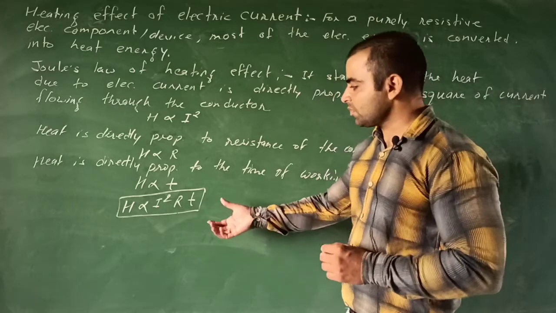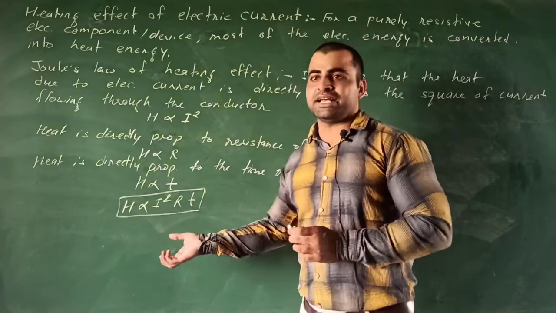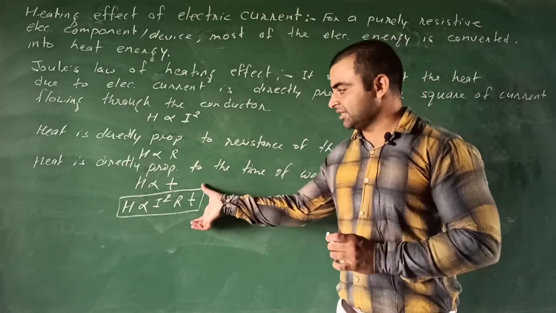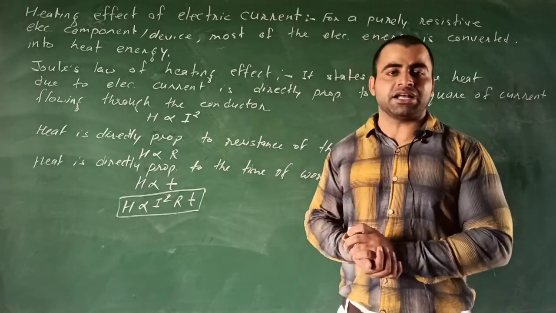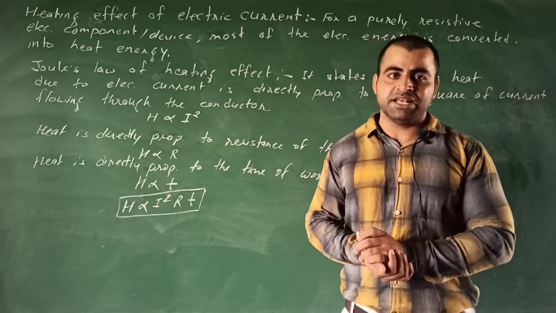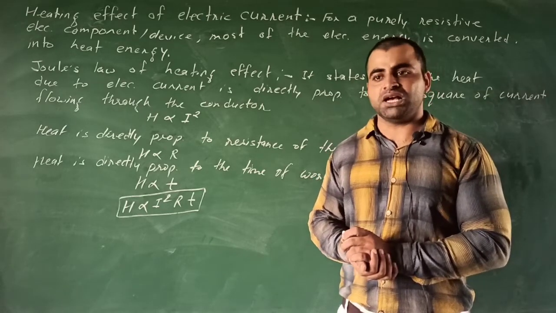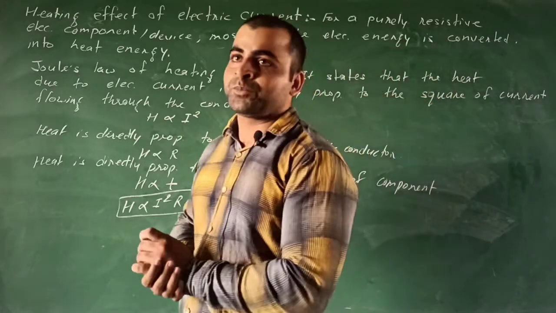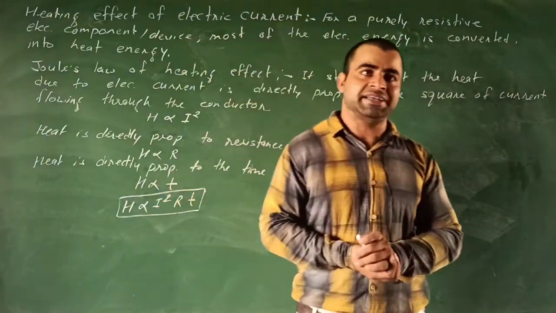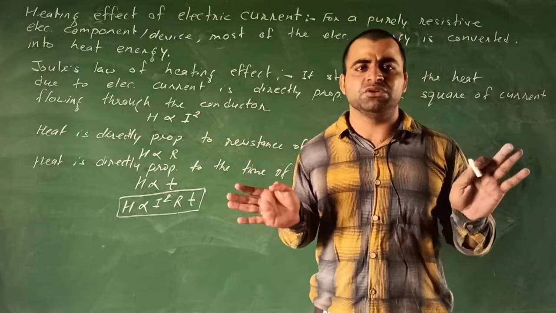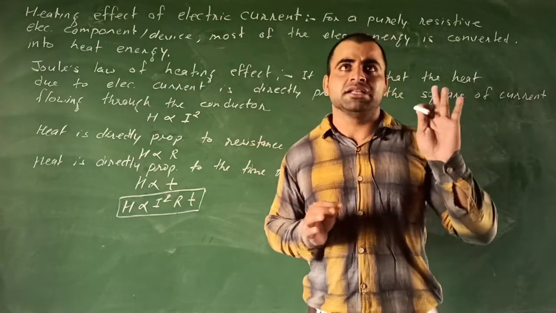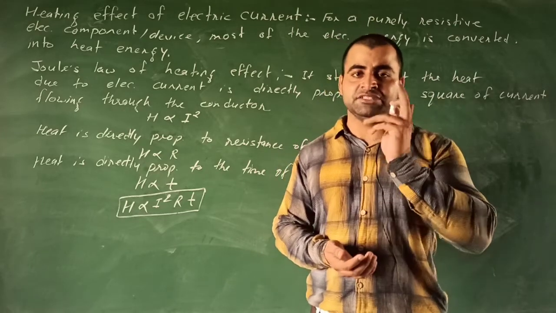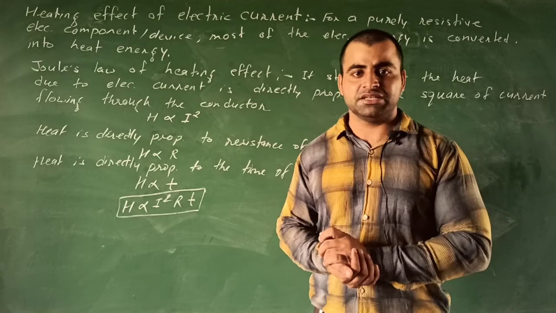Next, the heating effect is desirable at our homes for some components and non-desirable for other components. Like in refrigerator, AC, fans, it is non-desirable. We do not want them to be heated. If the fan is working, it gets heated.